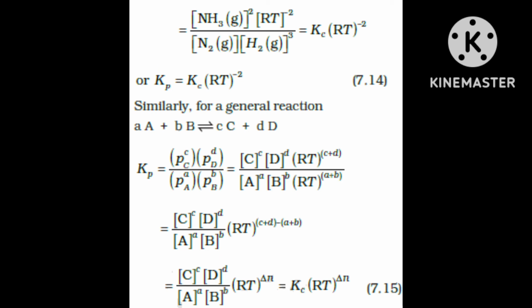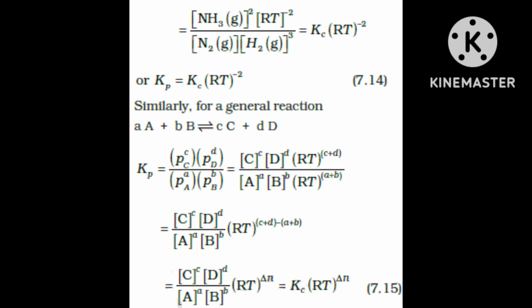Then small a into A plus small b into B is equal to small c into C plus small d into D, where d is the number of moles of D.